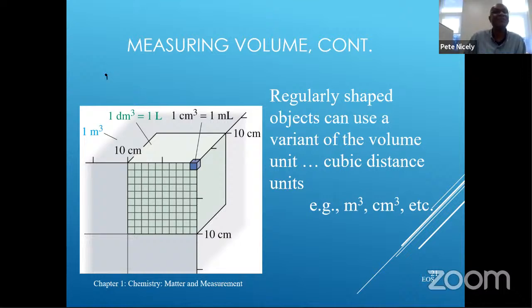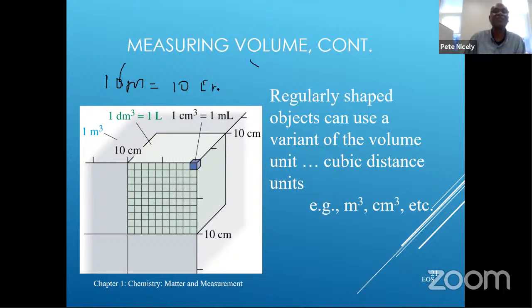So 1 decimeter is equal to 10 centimeters. Let me erase this here.